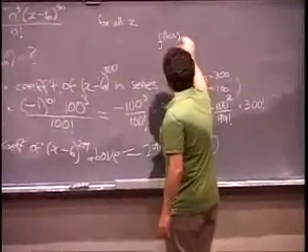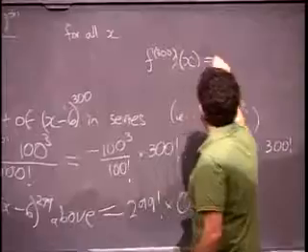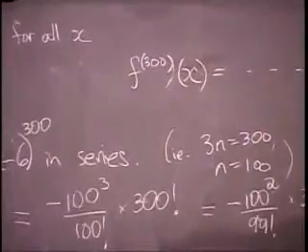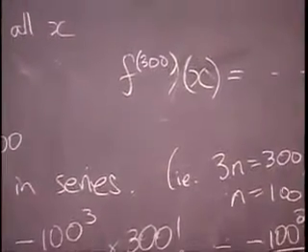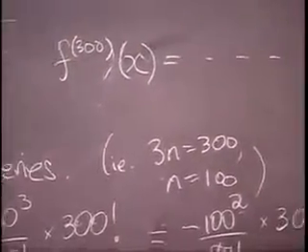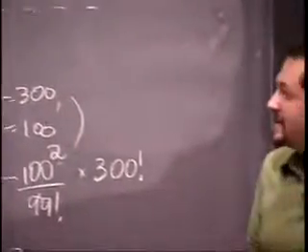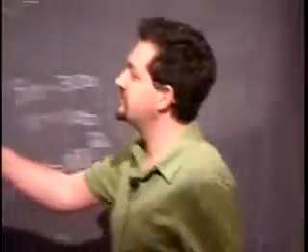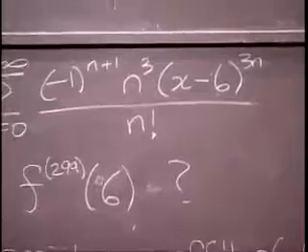Like this. I'm afraid that that is very tricky. In this particular case, it's not that bad, but it's pretty nasty. You would actually have to differentiate this 300 times to see what it is.